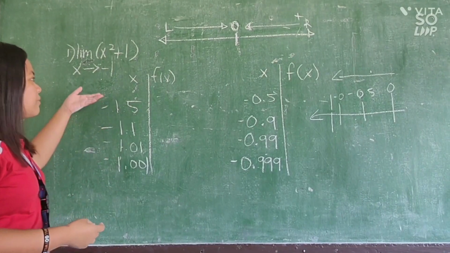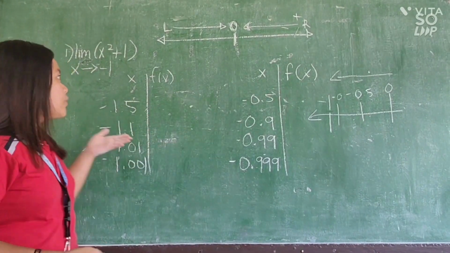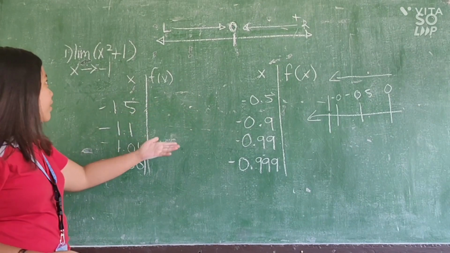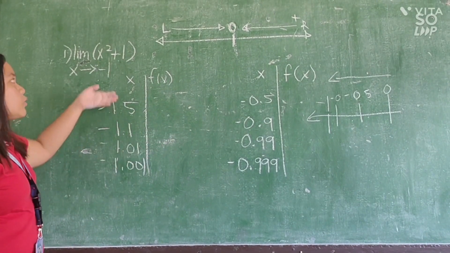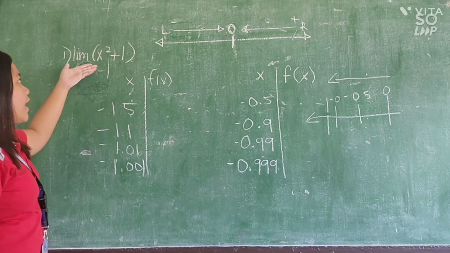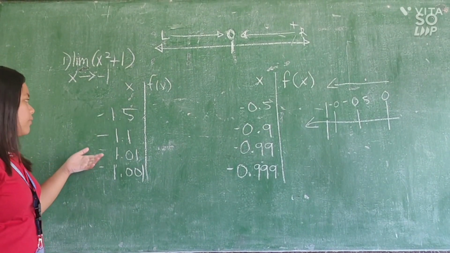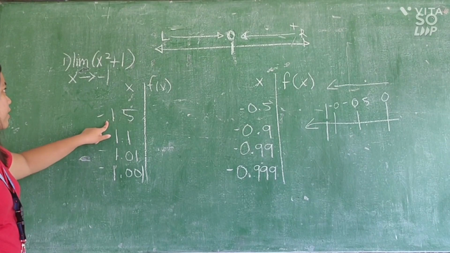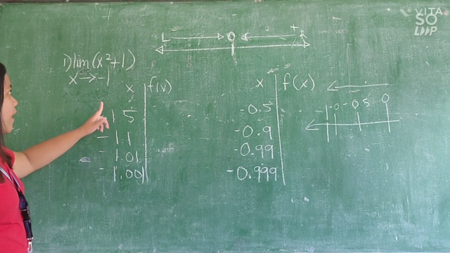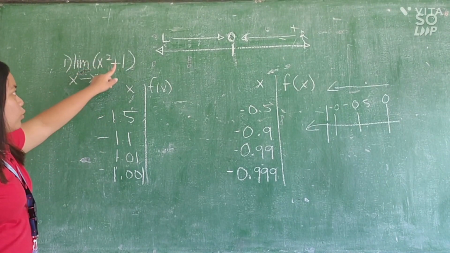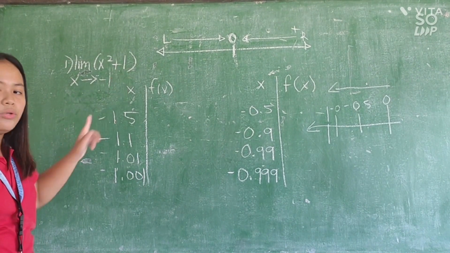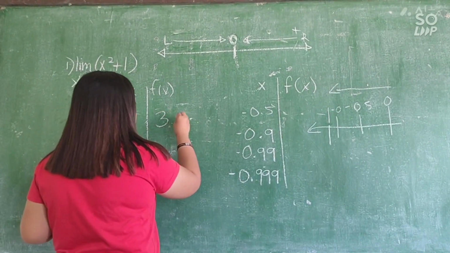After we get our x values approaching from the left and from the right, we substitute them into our equation, x squared plus 1 as x approaches negative 1. The first is negative 1.5 squared plus 1, which equals 3.25.